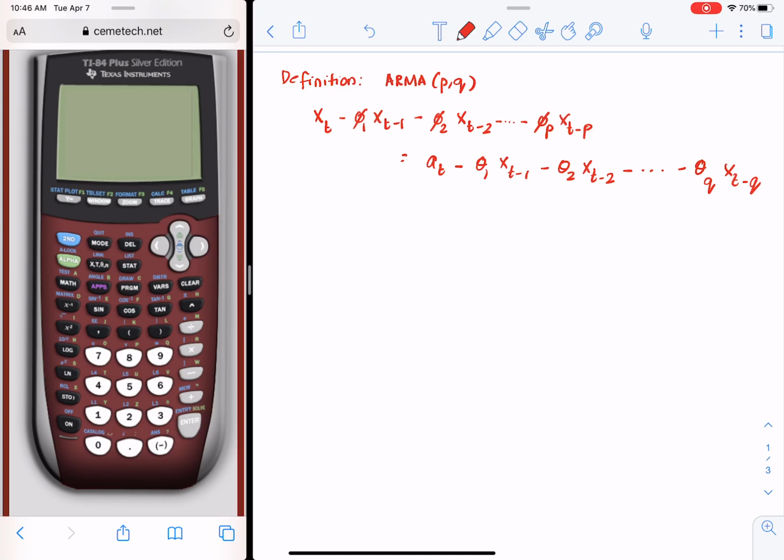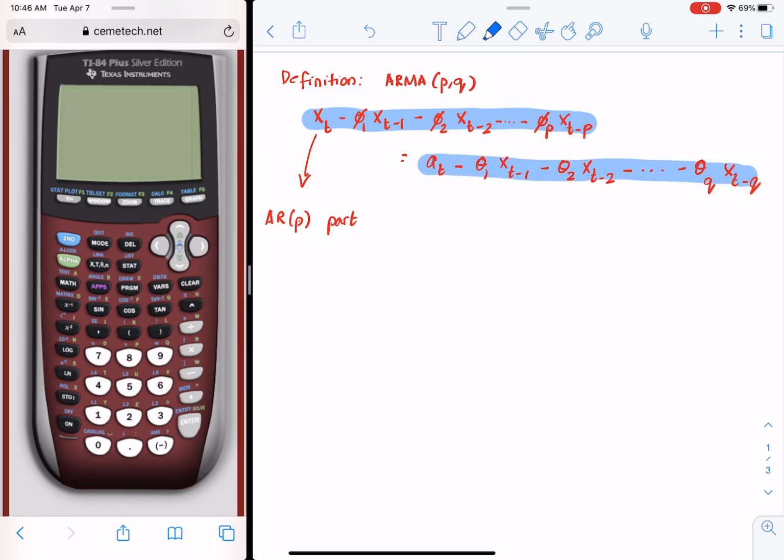So here, the left-hand side is called the AR part, or the AR(P) part, and the right-hand side is called the MA(Q) part.